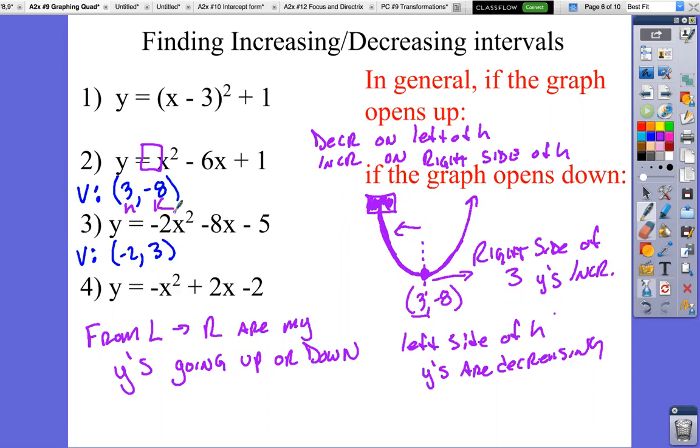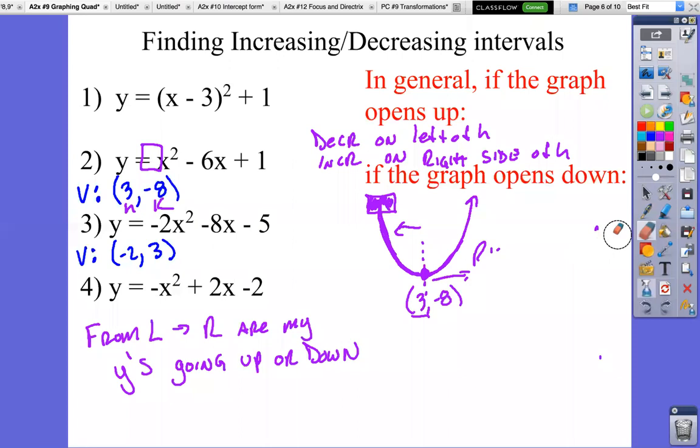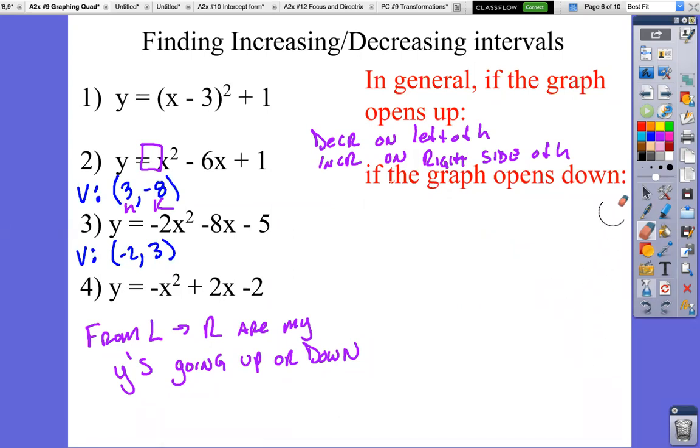So the Y values are the ones that increase and decrease and hit the maximum and minimum value. Your X values just tell you where it's hitting that value. So last thing, and then we're done. And now you also have enough to not finish your homework, but to start your homework.